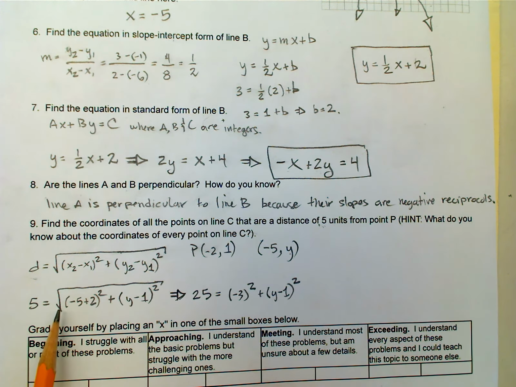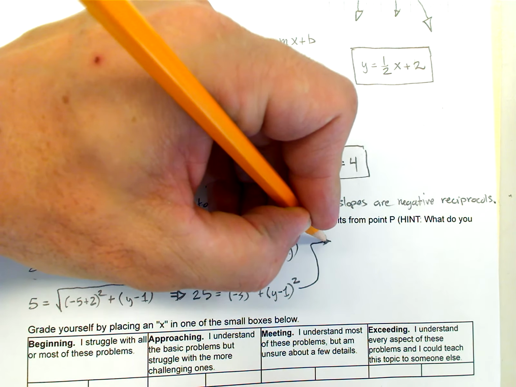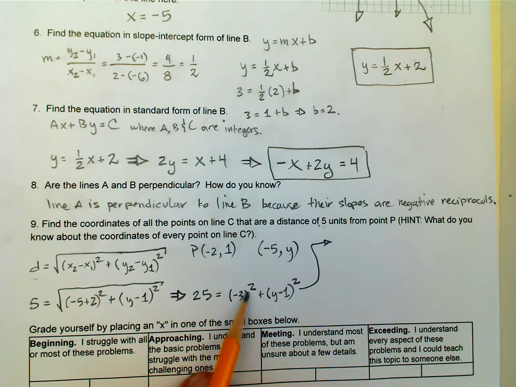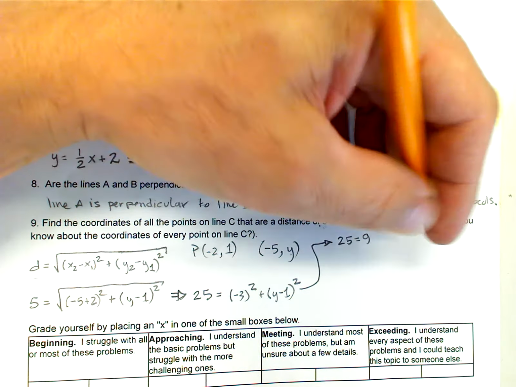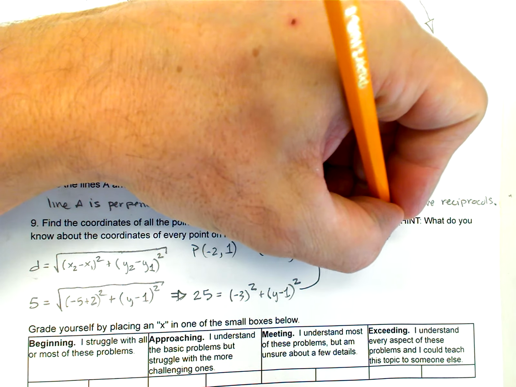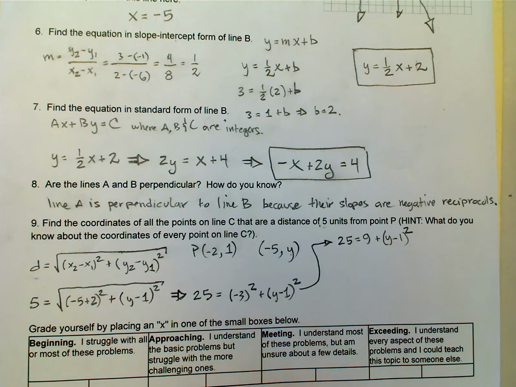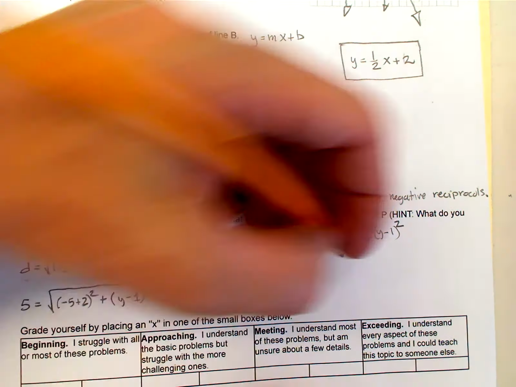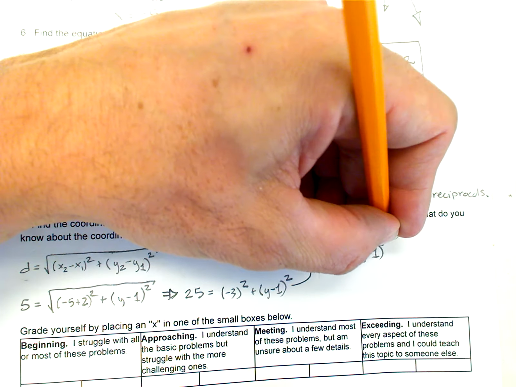And so my equation is a little bit simpler. -3 squared is just 9. So I got 25 equals 9 plus (y minus 1) squared. And now I can subtract the 9 from both sides. I get 16 equals (y minus 1) squared.